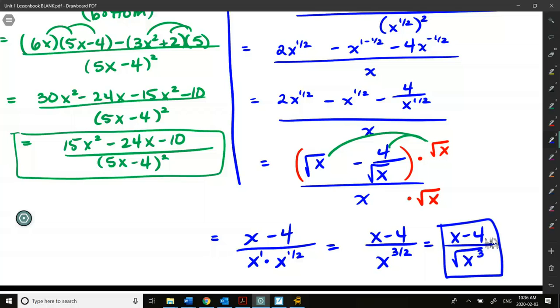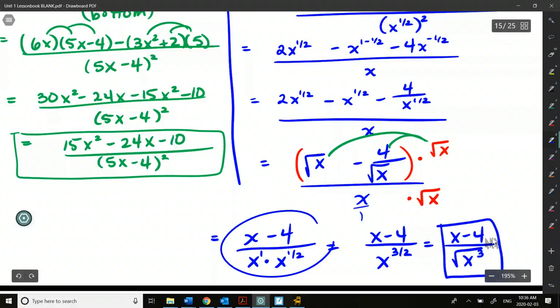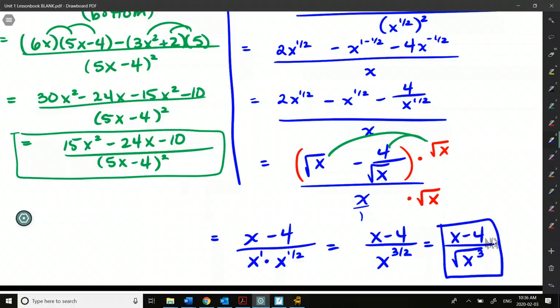You could actually, instead of bringing in a root x, flip and multiply, like think of this as x over 1 and flip and multiply. You would get the same thing after you flipped and multiplied and found a common denominator. So I think this is probably the more efficient way to go about it.